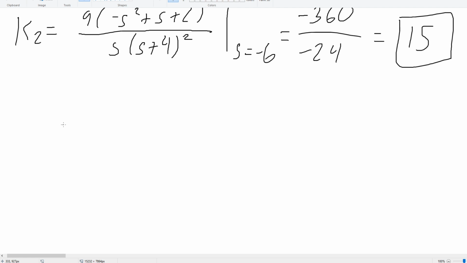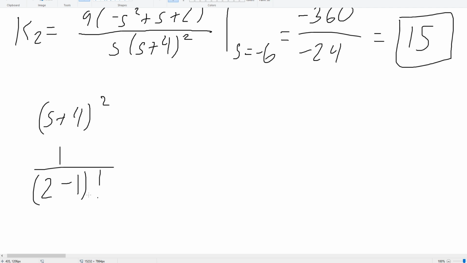So let's say we have s plus 4 squared. We're going to find out what goes on the outside of the equation. So what I mean by that, I'll just show you right here. So we're going to do 1 over the exponent minus 1 factorial. So the exponent is 2. And this is going to be d to the 2 minus 1 over ds to the 2 minus 1, right?